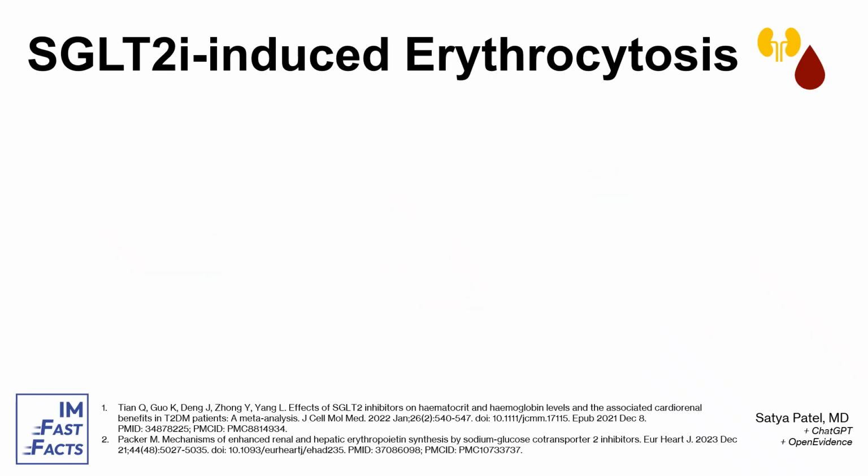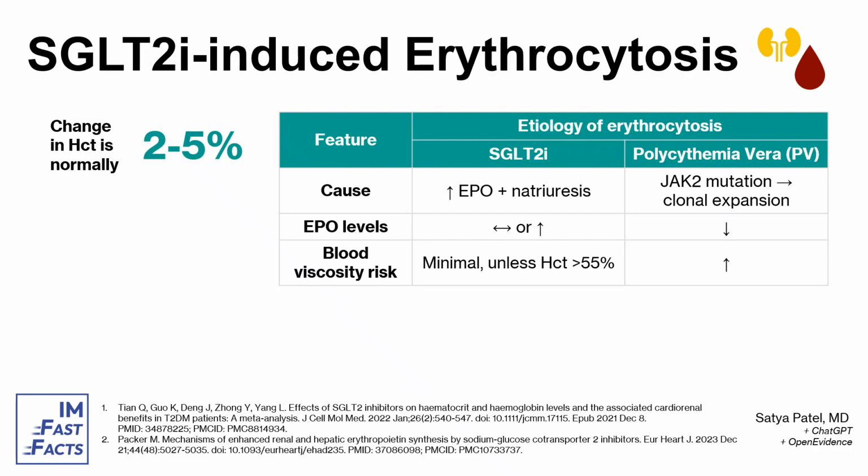So to summarize, remember that SGLT2 inhibitors raise hematocrit via erythropoiesis and hemoconcentration, and the normal change is 2 to 5%. Juxtaposing it to polycythemia vera is very important, and you can see that in PV, a JAK2 mutation leads to clonal expansion, your EPO level is low, and your blood viscosity risk is elevated.